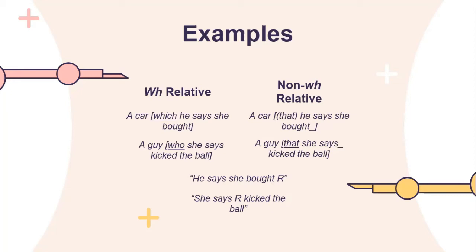So R here is indicating the antecedent, we can say that the R is also the head noun. And these two sentences are what we get if we change it to the normal declarative sentence. Okay, next slide.